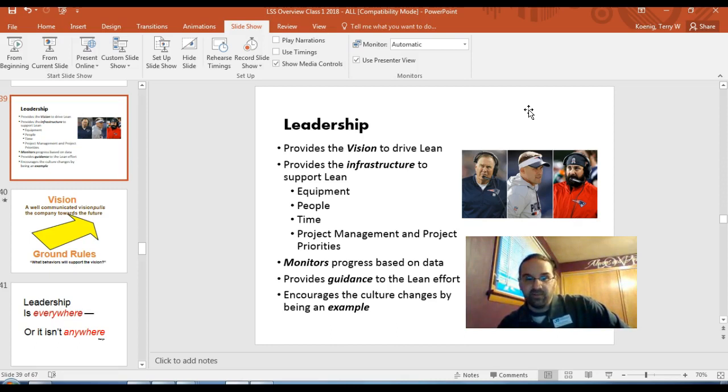They got the infrastructure, their equipment, their people, their time management, project management, monitor progress based on data, provide guidance, and encourage the culture by being an example. These three together do an excellent job. And now they're apart, and we'll see what that does to a team.